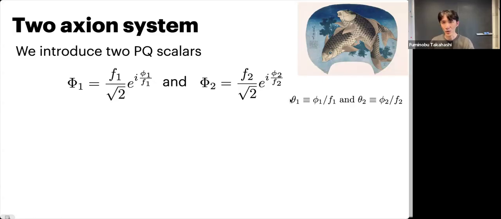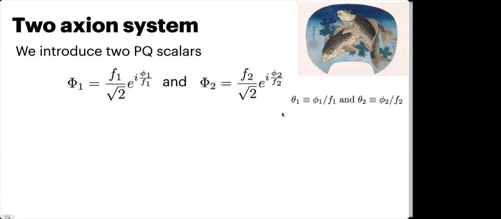For later use, I also introduce normalized axion fields or angles, theta1 and theta2, normalized by their decay constants like this.